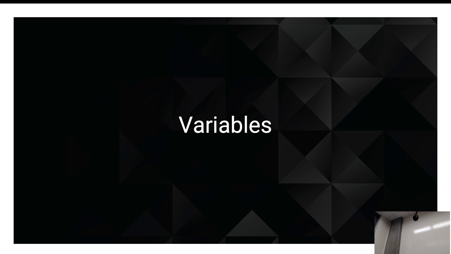Okay, now I'm storing some data inside my variables. Now there can be different types of data that I can store in my variables. So you will hear another keyword called data types. This is an actual technical term.